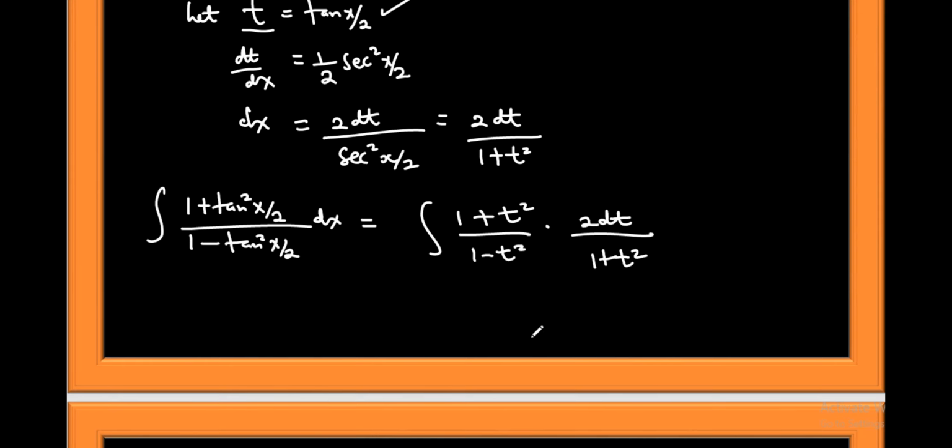So you clearly realize that 1 plus t squared is cancelling out. So we remain with the integral of 2 divided by 1 minus t squared with respect to t.